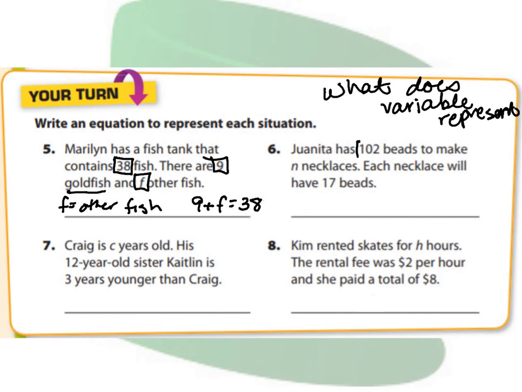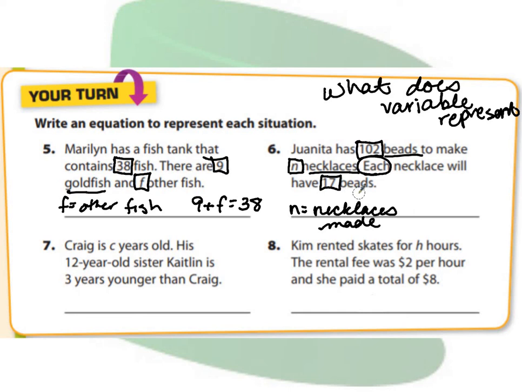Juanita has 102 beads to make N necklaces. Each necklace will have 17 beads. Okay, so she has 102 beads, and she's making N amount of necklaces. So N equals necklaces made. And now here, each necklace will have 17 beads.